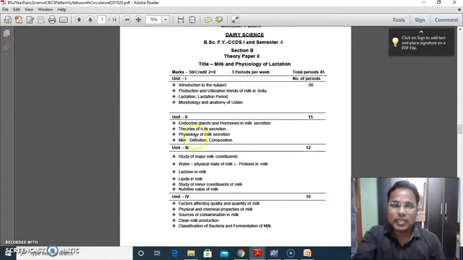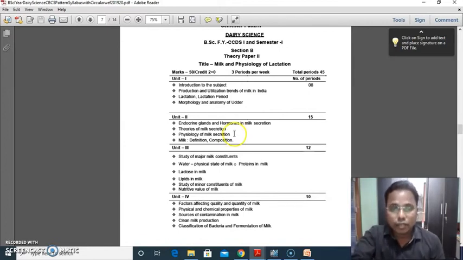Unit number 2 contains the endocrinology and hormones in milk secretion, that is, the different hormones which are responsible for secretion of milk. So we will study the different hormones. Then theories of milk secretion. Here we are going to study the different theories given by different scientists.